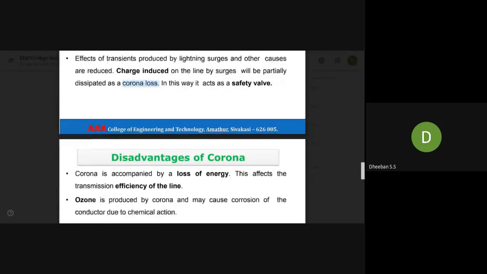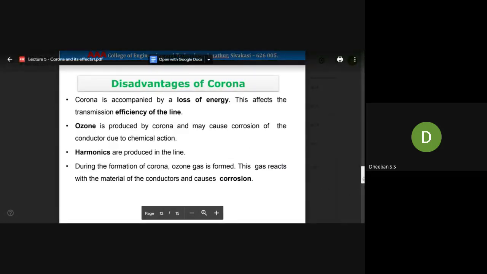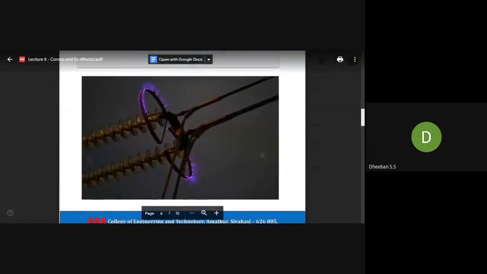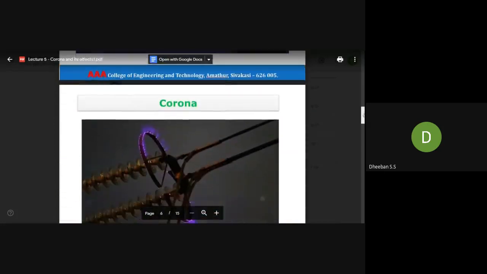We'll be moving on to the disadvantages of corona. Generally, what happens? You can see this blue light is visible to you. This light is a form of energy.